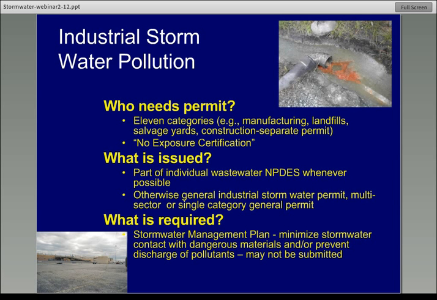And now what's required of that permit, again, similar to the other program, is a management plan, and there are elements in the state permit, be it general or individual, that will require what's in that management plan. And it is basically focused on what best management practices and what controls have to be put in place to prohibit or prevent contact of dangerous materials with the water bodies. And I wrote here, may not be submitted. Oftentimes it is not going to be submitted to the state.